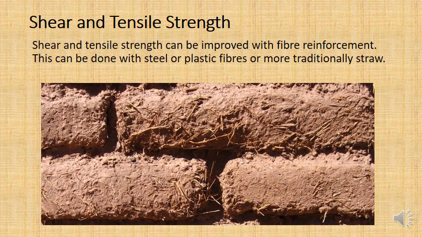Well, one thing you can do is add fibers inside the brick. So you mix fibers inside the mud and then you heat it. These fibers basically give it internal tensile reinforcement, if you like.